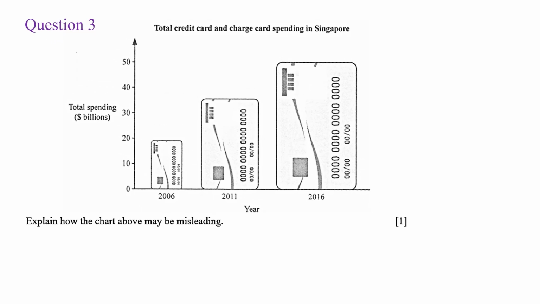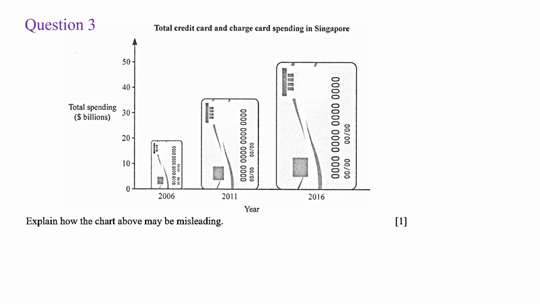Let's look at question 3. If you look at question 3, we have a graph showing the total credit card and charge card spending in Singapore in 2006, 2011, and 2016, on the horizontal axis showing the year, and on the vertical axis showing the total spending in dollar billions.